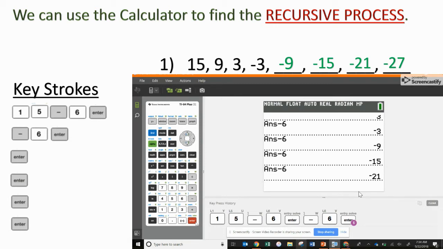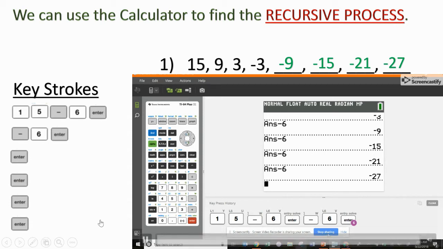And then to find the eighth term, we hit enter again, and it takes minus 6 for common difference, and we get negative 27. And so you can see that you have negative 9, negative 15, negative 21, negative 27 as our next 4 terms in our sequence. Okay, so you can use a calculator to figure that stuff out, right?